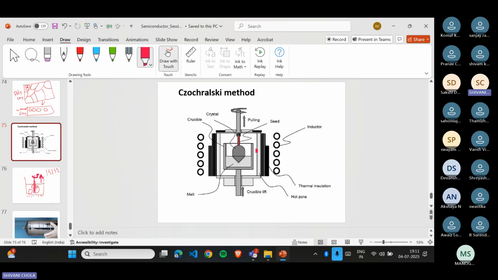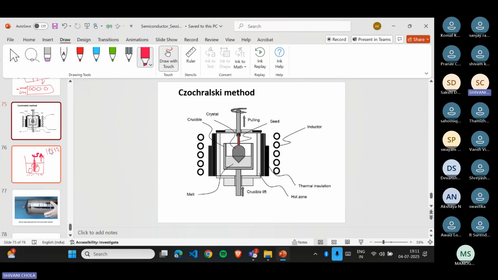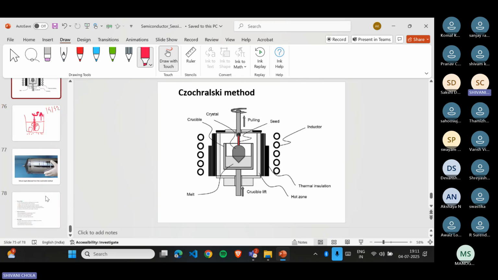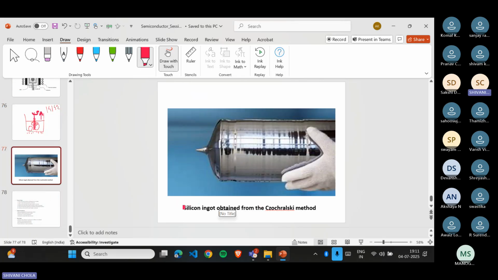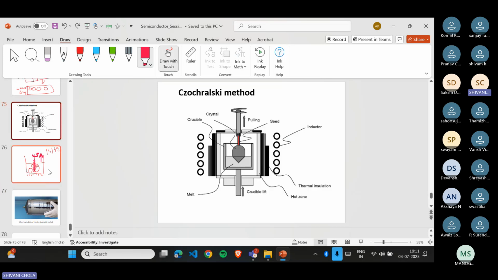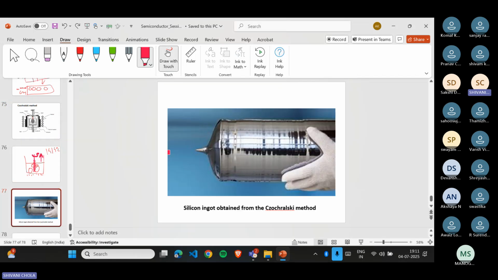Because of this, there is a deposition of silicon on this rod, and we call this an ingot. I have also mentioned over here, this is called a silicon ingot, obtained from the Czochralski method. You can see this whole part has been extracted from a very tiny rod.